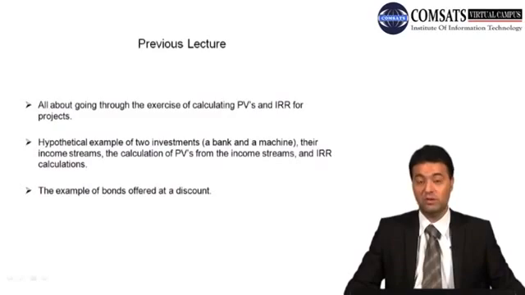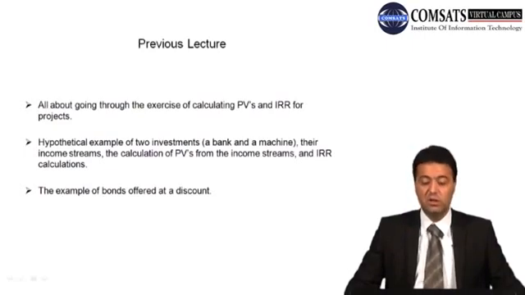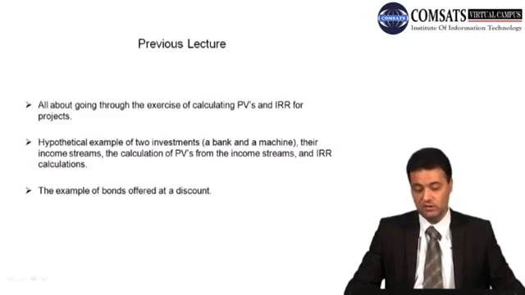The first one was a hypothetical example of two investments, a bank and a machine, their income streams, the calculation of present values from those income streams, and the internal rate of return calculations. So in the first case, there were two scenarios.